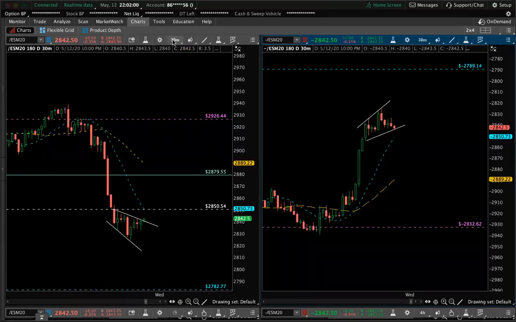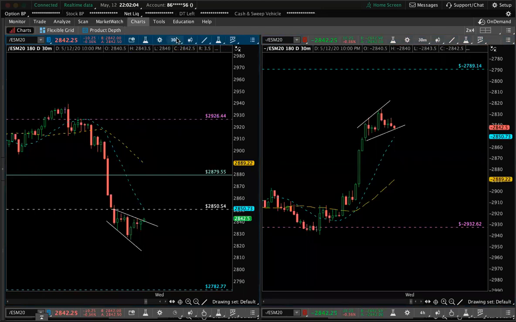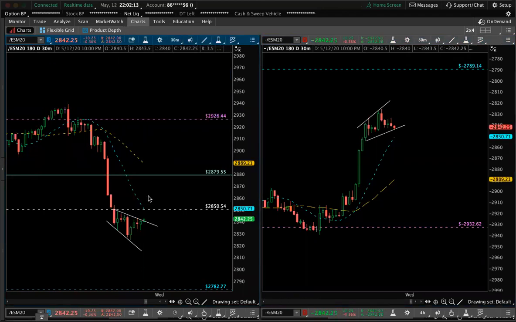So we start with 15-minute, right? I messed up my 15-minute time frame chart today. Let's get rid of the 10. I could get rid of the 5. I don't trade on the 5-minute. Need my 15-minute, that's very important.